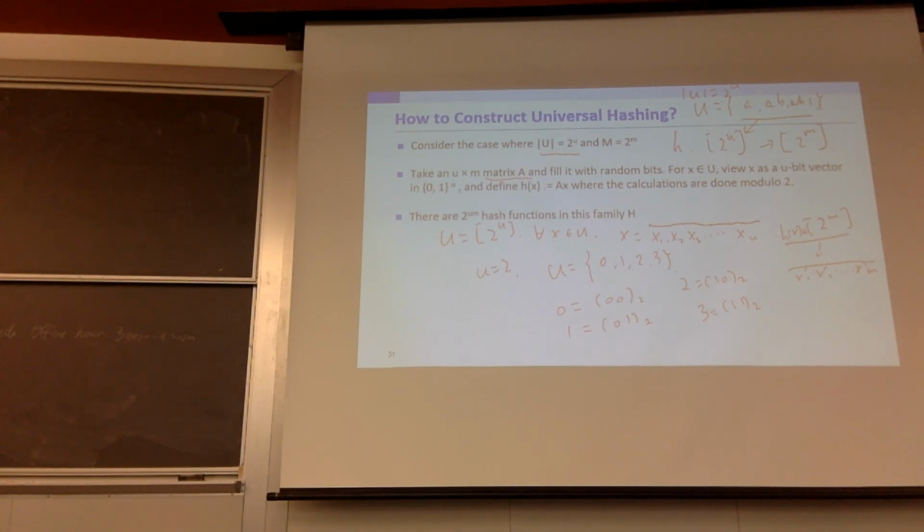Everything there can be written as a binary number. To construct a universal hashing, we use a matrix A filled with random bits.